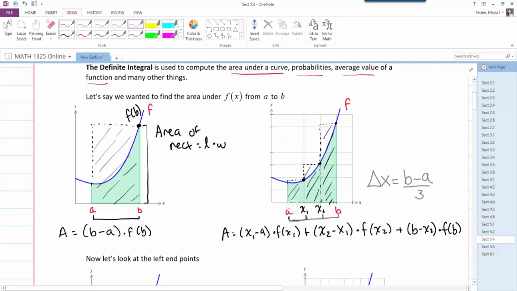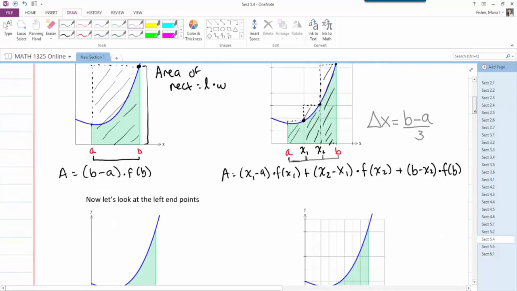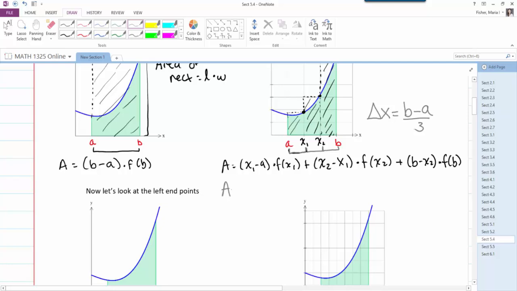Therefore, my area is b minus a over 3 times f of x sub 1, plus b minus a over 3 times f of x sub 2, plus b minus a over 3 times f of b.